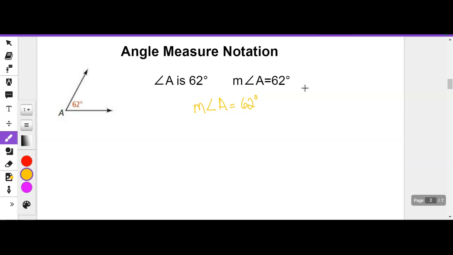The reason we do degrees is because how many degrees is a circle? A circle is equal to 360 degrees. So 1 degree is 1 divided by 360th of a circle.